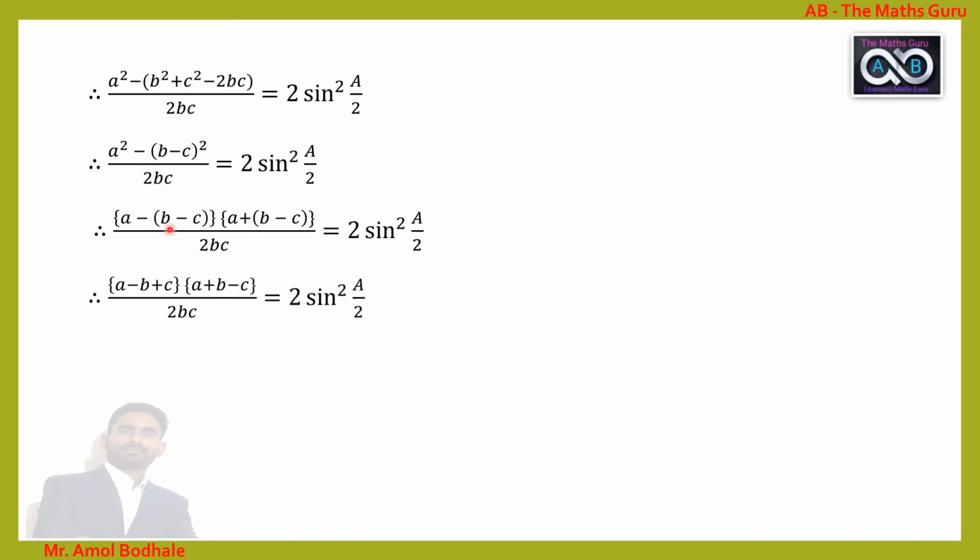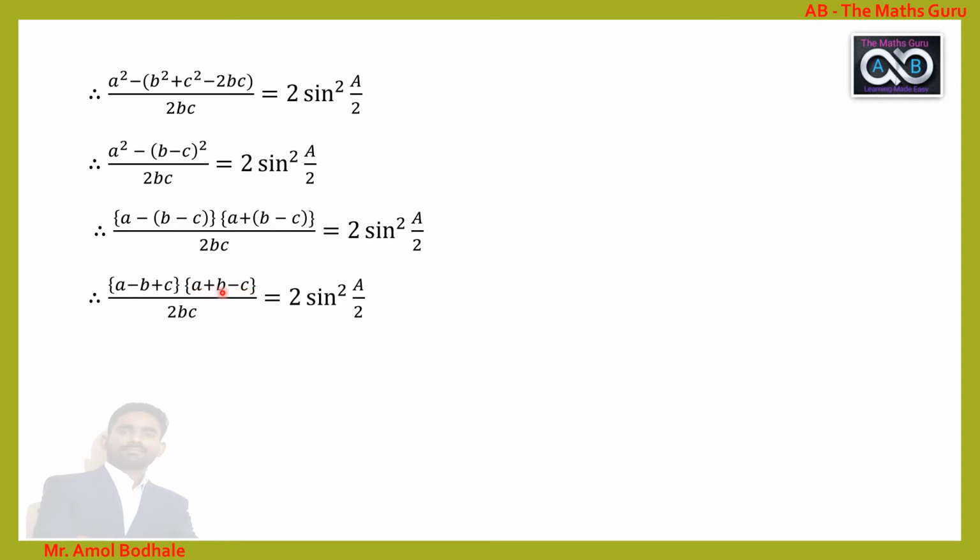So if we solve these terms, a minus b minus c, minus minus becomes plus, and a plus b minus c as it is. As we know, a plus b plus c is 2 times s. So in the first term, a plus c is exactly given, so we will add b and we will subtract b.